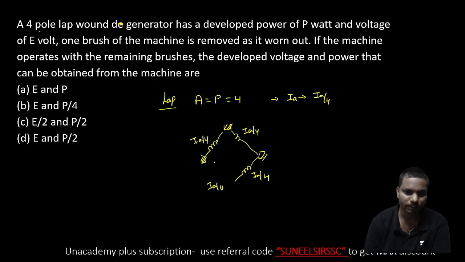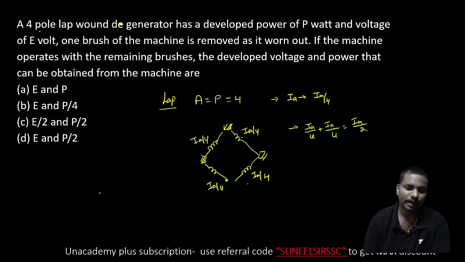If this brush is worn out, then it is an open circuit. Then only these two paths are in closed circuit, so the current will be Ia by 4 plus Ia by 4, that is equal to Ia by 2.